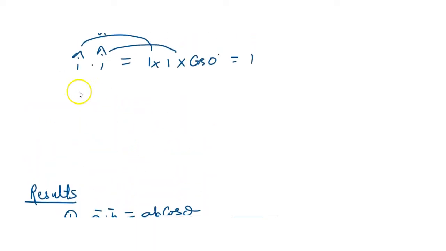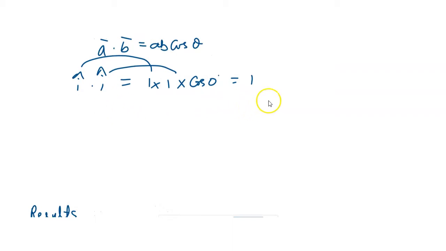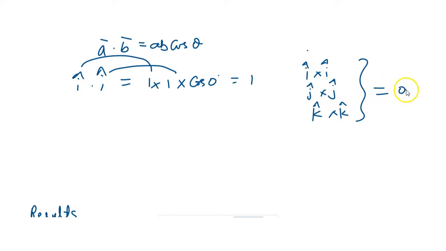Now similarly for the cross product. Let us say we want i cross i, or even j cross j, or k cross k. These results will be 0, because the cross product is ab sin theta and n cap. Here the angle between i and i cap is 0, so sine 0 is 0.